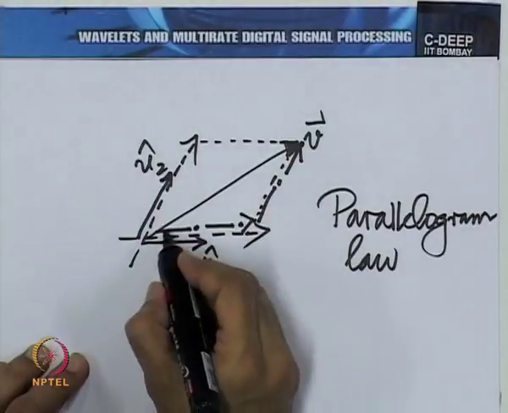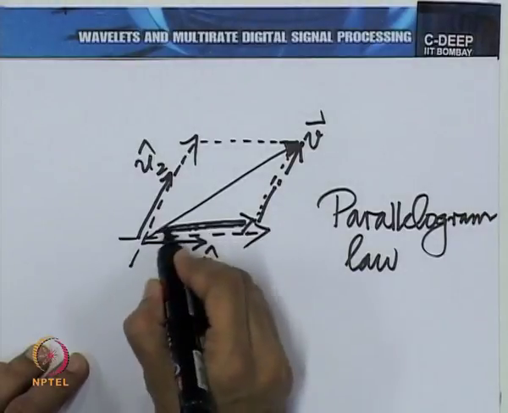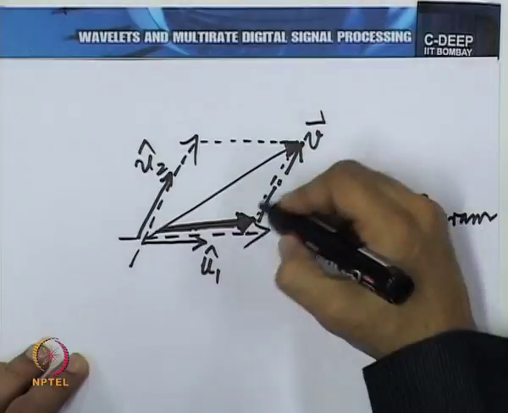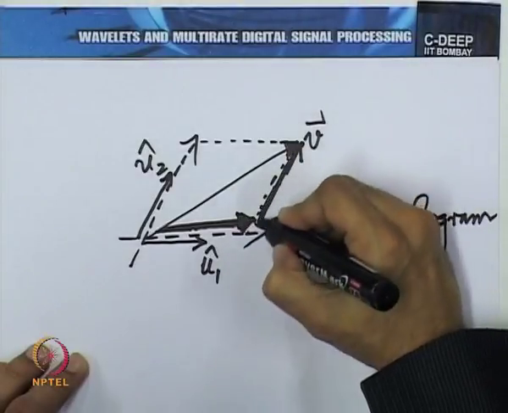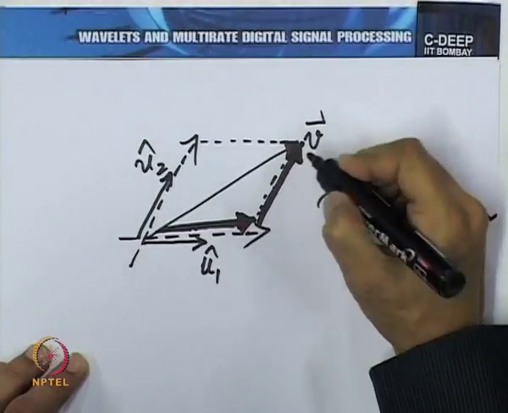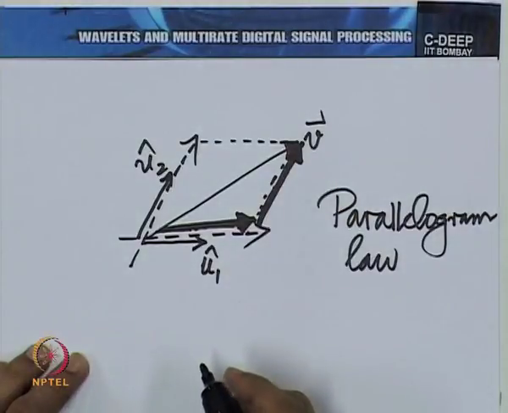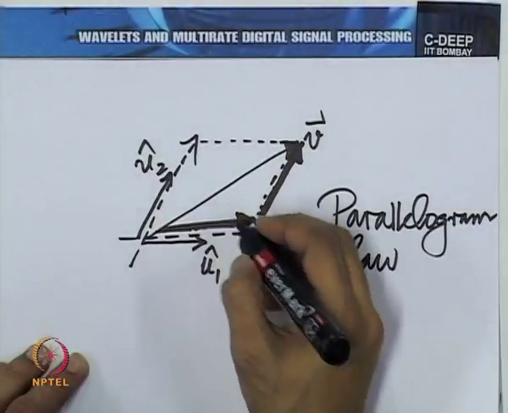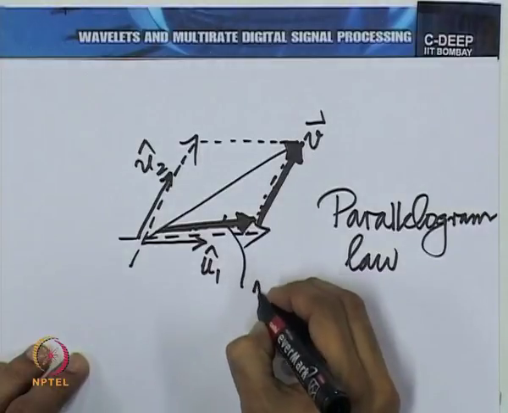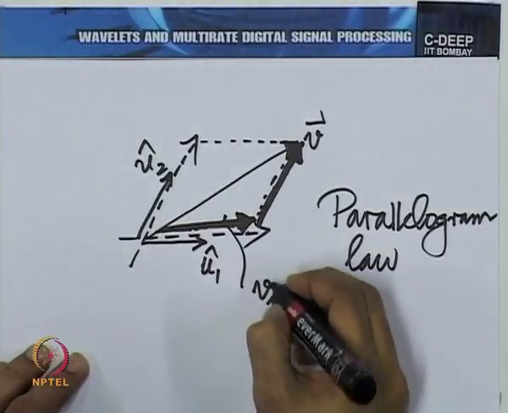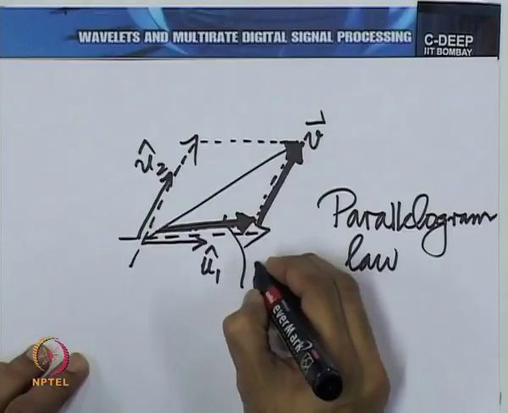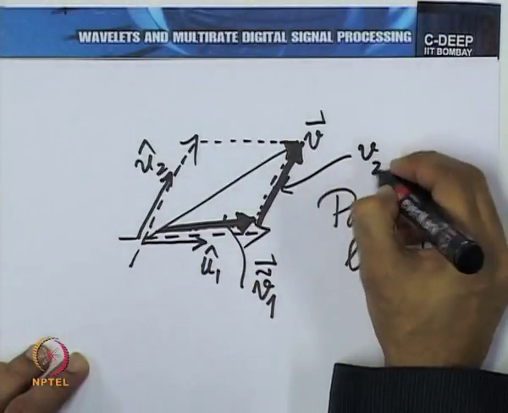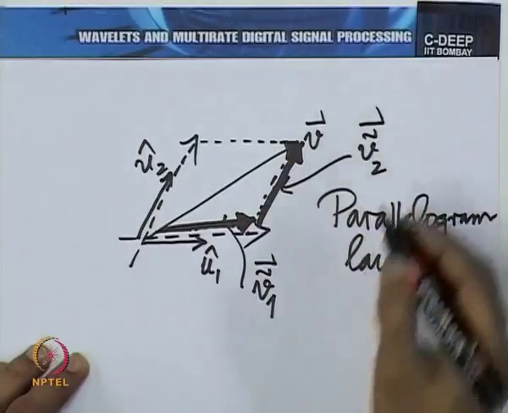So, let me highlight that dot dash vector. This vector here plus this vector here gives me v. Let me call this v1 tilde, and it is a vector, and let me call this v2 tilde, that is again a vector.